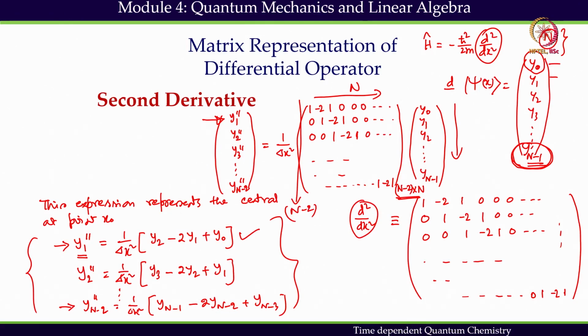And that's the representation. So the matrix representation of this derivative operator under this grid representation is given by this. So that's the way we can represent the second derivative in matrix form.